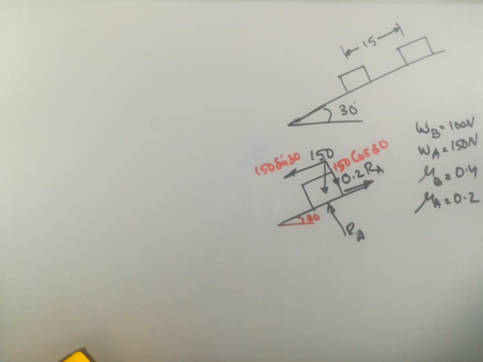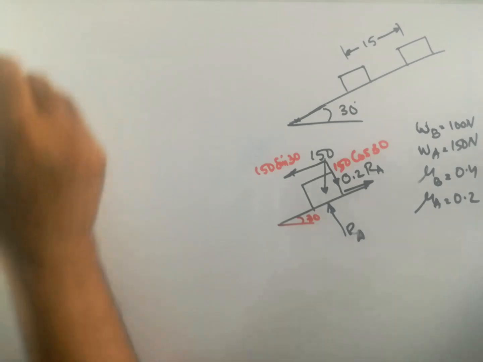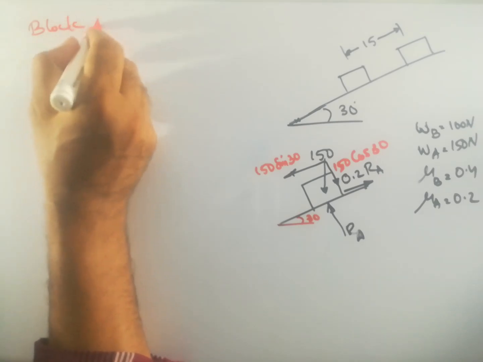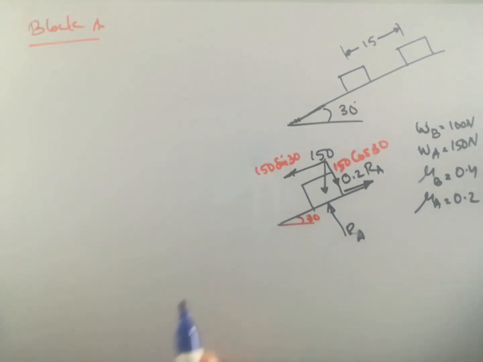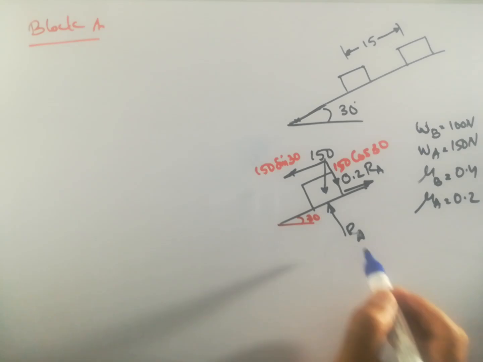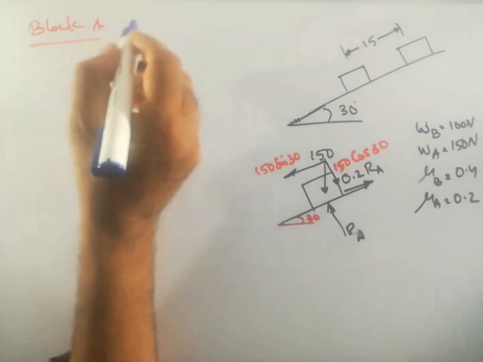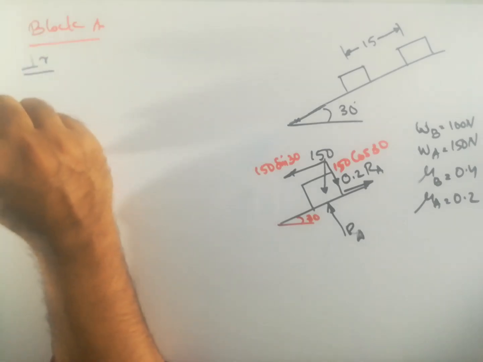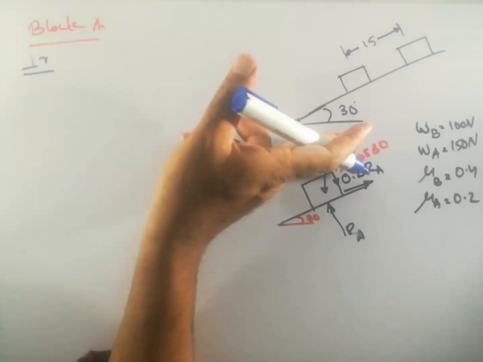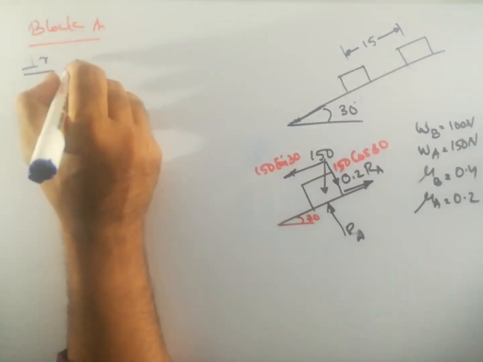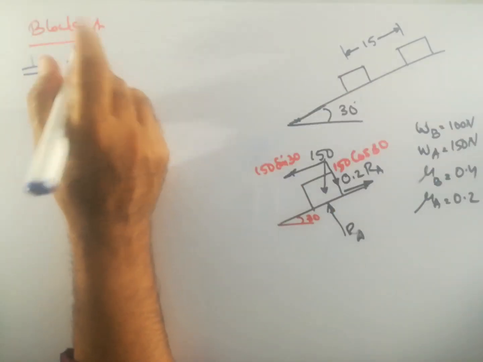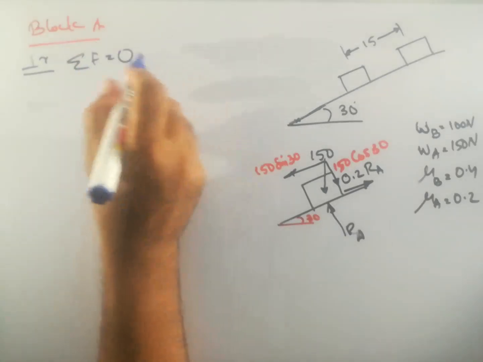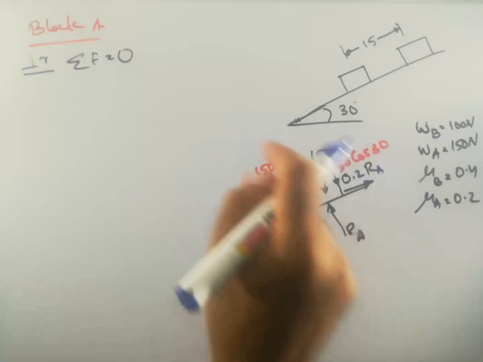Okay, so for block A, consider the forces perpendicular to the plane first. What are the forces perpendicular to the plane? 150 cos 30 and Ra. So sigma F equal to 0 in this case, because it is not moving in the perpendicular direction.